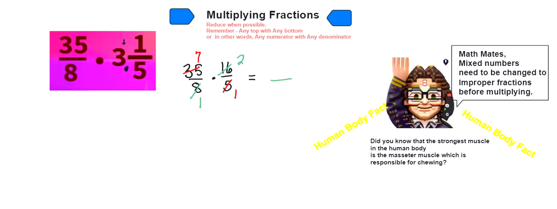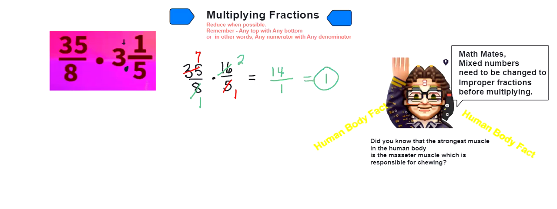I'm done reducing. 7 times 2 is 14, and 14 divided by 1 is 14. Are we doing okay? So what was the first thing we need to do? Change that mixed number into an improper fraction. Very good.